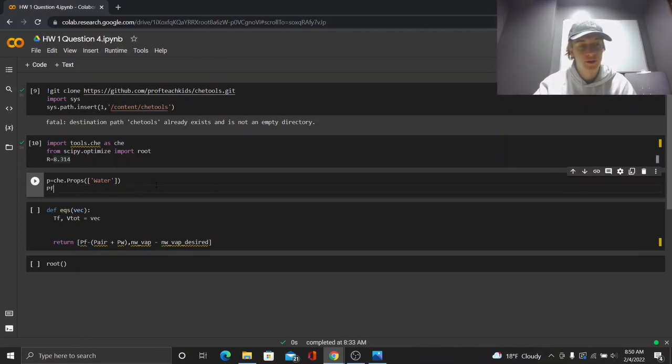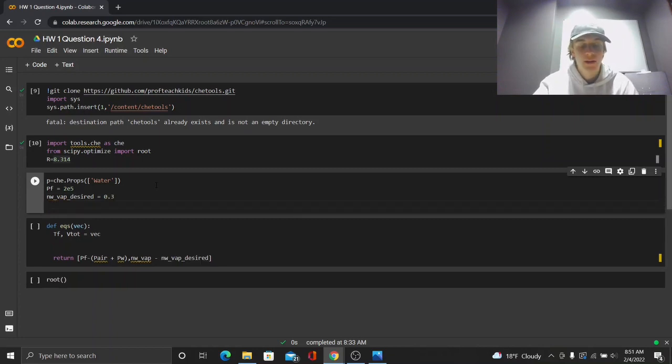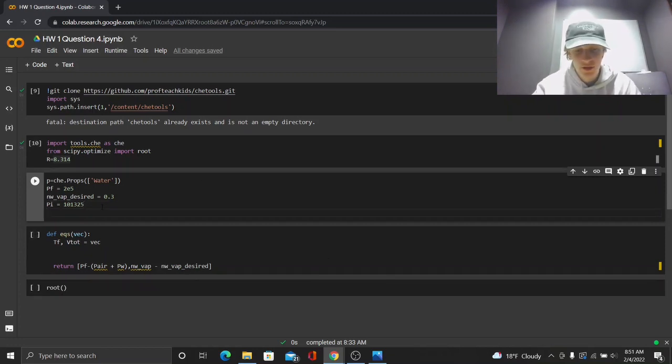The final pressure is equal to 2 times 10 to the 5th, the moles of water vapor desired, as I said before, is 0.3, and then the initial pressure is 101,325, and the initial temperature is 298.